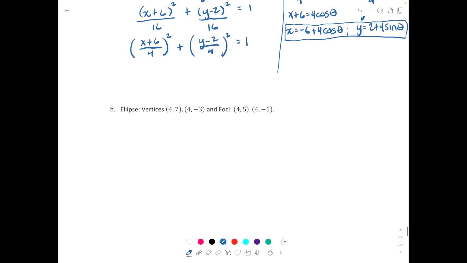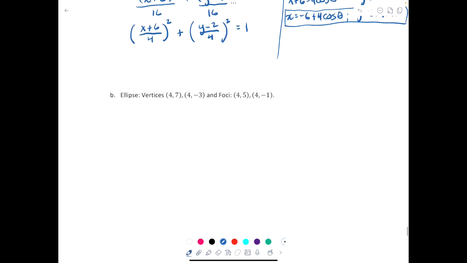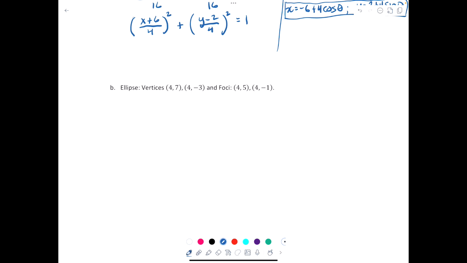Okay. An ellipse with vertices (4, 7) and (4, -3), and foci (4, 5) and (4, -1). So I can clearly see that the major axis is vertical because there's shifting happening on the y coordinates here. K always goes with the y.